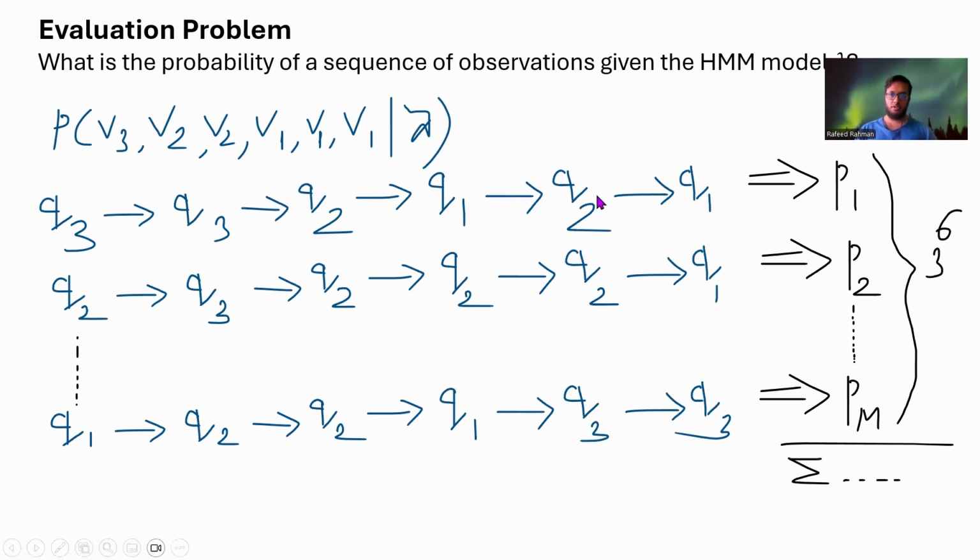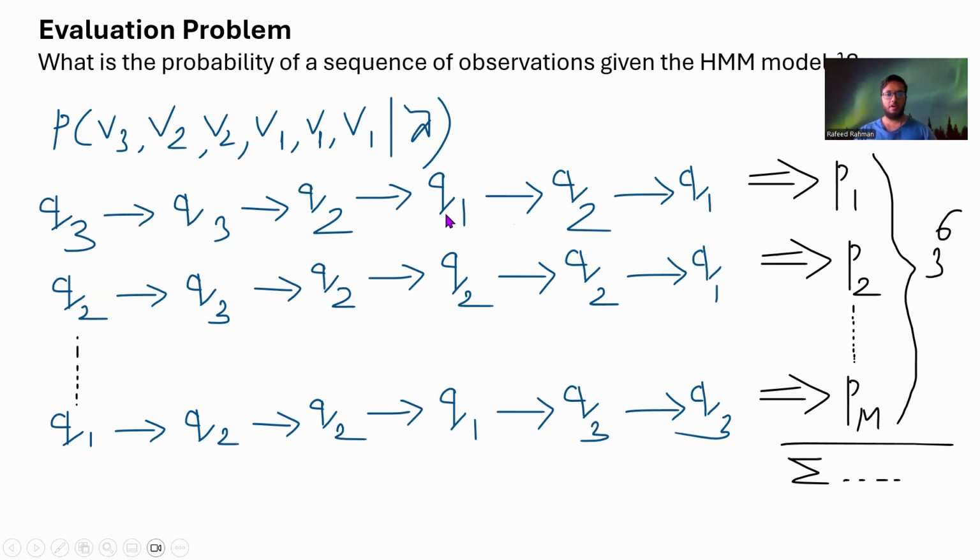That is the way you can get these different P's. The first possible sequence is Q3, Q3, Q2, Q1, Q2, Q1. I'm just making this up; you could have put this in some other order as well. The probability of that was given in the previous slide. In the same way, you can put in different permutations of these Qs and calculate the P's.